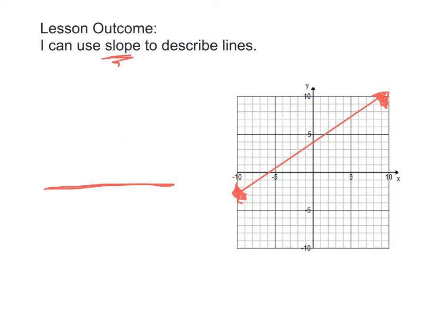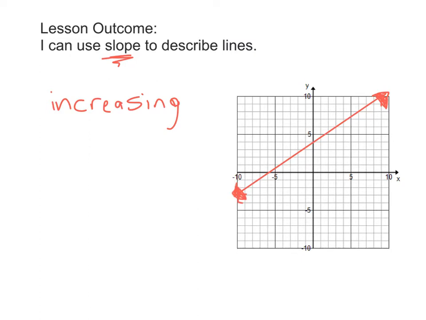Now, the line on the coordinate plane, first of all, notice it is an increasing line or function. It is increasing because as the x values get larger, the y values get larger as well, and that defines this as an increasing slope.